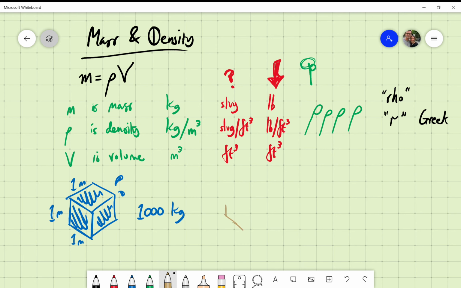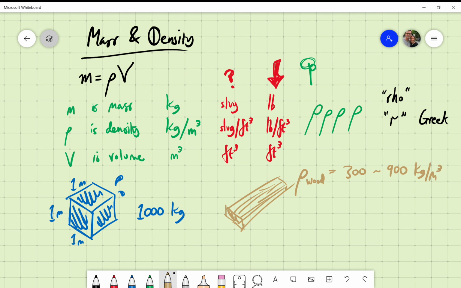When you have things like wood, okay, wood is a very common thing to have to calculate masses and densities of. Wood can vary a lot. There you go. Density of wood, density subscript wood, can be anywhere from like 300 to 900 kilograms per cubic meter.